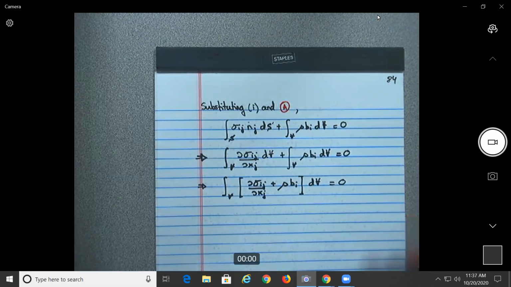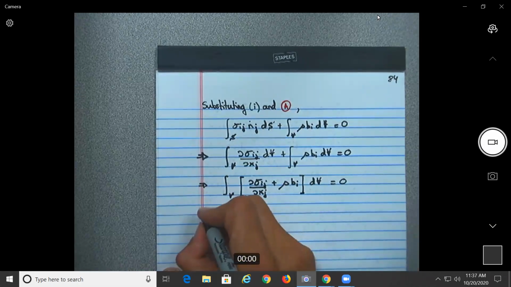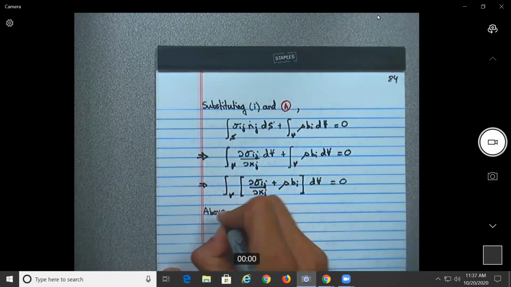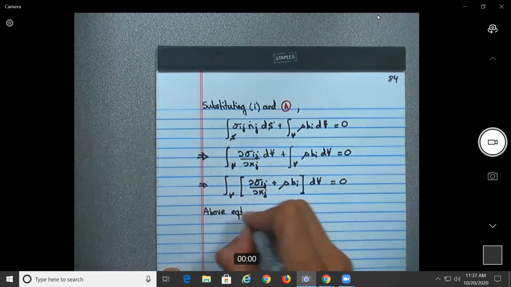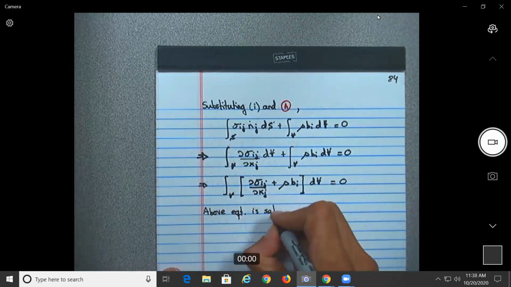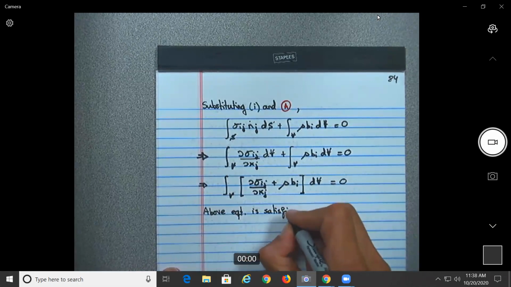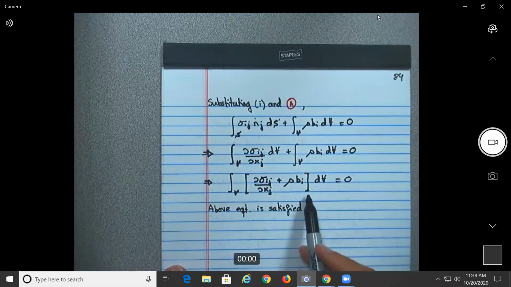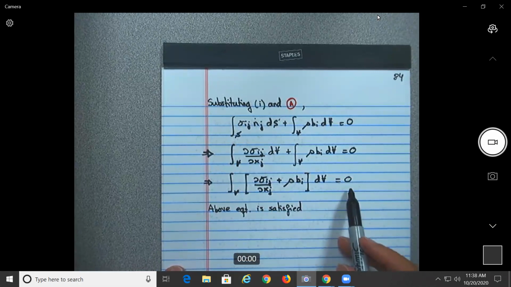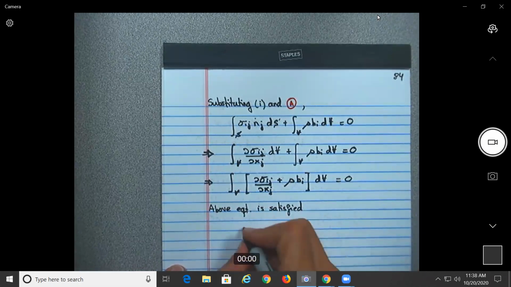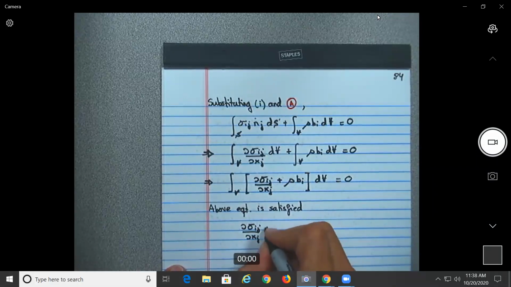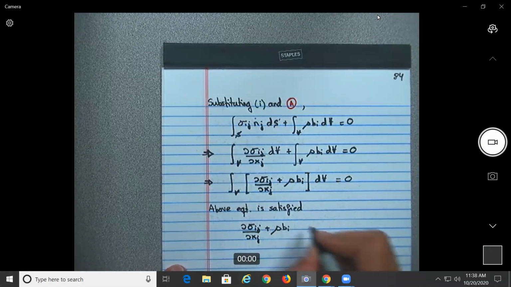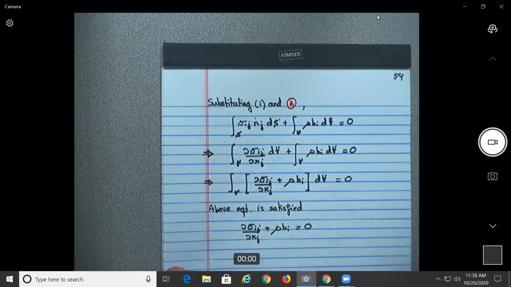Okay, so the above equation is satisfied when whatever term is in brackets is equal to 0, no? Because it needs to be equal to 0. So you have partial sigma_ij partial x_j plus rho b sub i equal to 0.